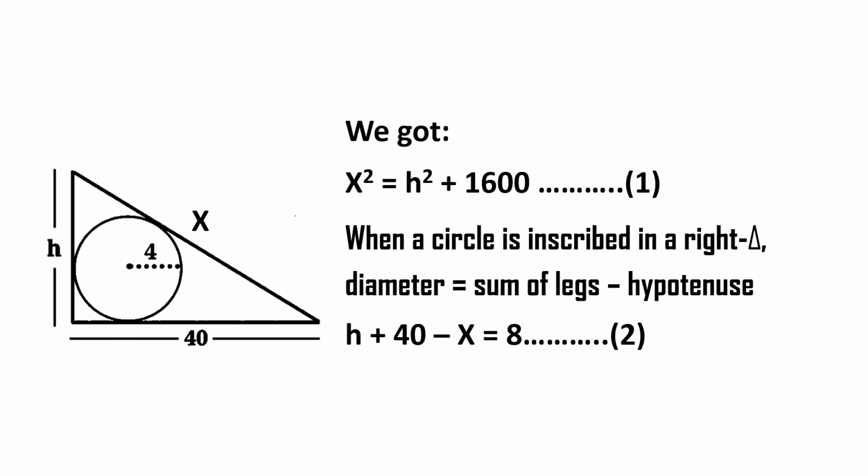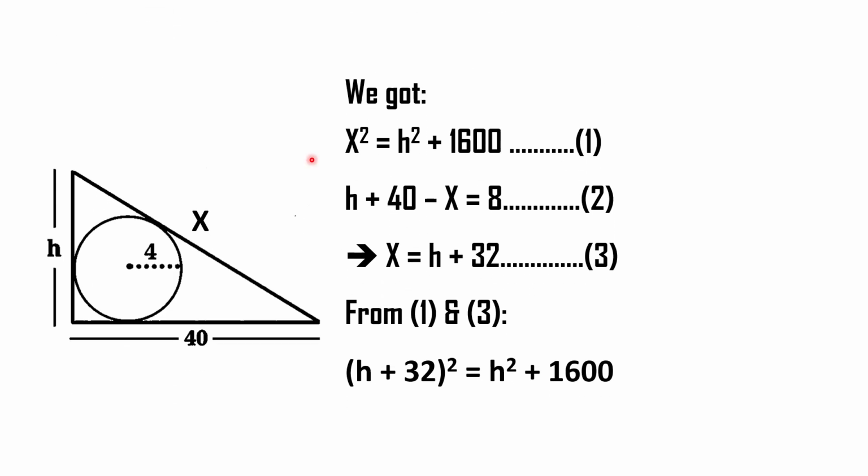Equation 2 gives x equal to h plus 32, since 8 comes to this side and 40 minus 8 is 32. So x equals h plus 32, that's equation 3.